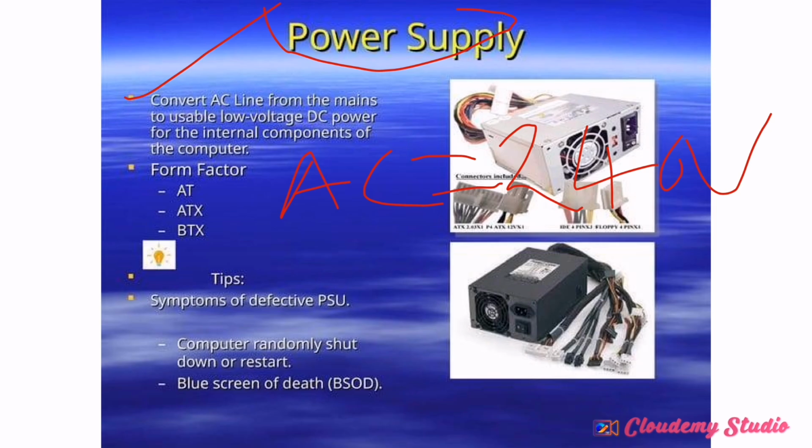A DC is the low voltage, like 19 volts, 12 volts, 5 volts, 6 volts, 20 volts, 24 volts. But anything above 120 must be in the range of AC.